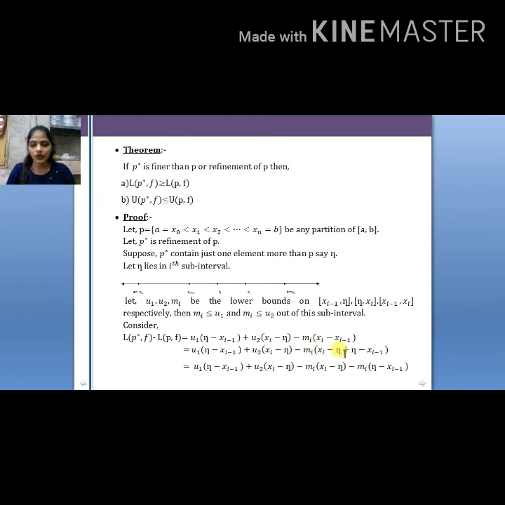Here we separate this x_i minus eta, this is in one bracket, plus eta minus x_{i-1} in another bracket, and then multiply minus mi to both brackets, that is minus mi into (x_i minus eta) minus small mi into (eta minus x_{i-1}). That is, we expand that bracket.